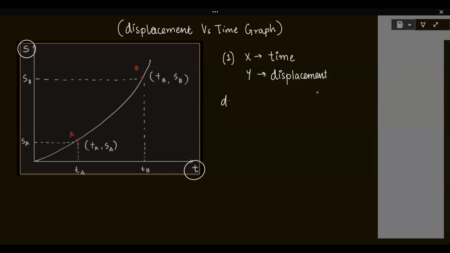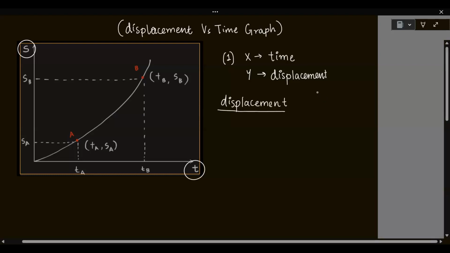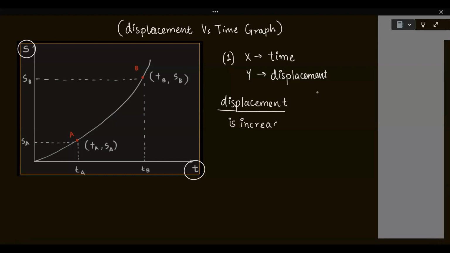Talking about displacement is really, really easy from this graph. All I have to use is simple common sense and see whether the graph is going up or down. And you can say, okay, displacement is increasing. You don't have to use any fancy calculus for this. This you have done in 8th, 9th, 10th standard. I see the graph going up. That's it.